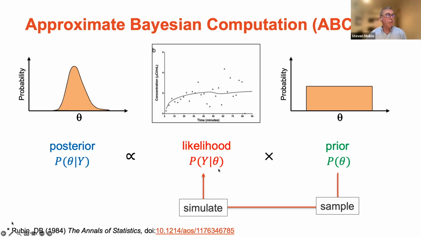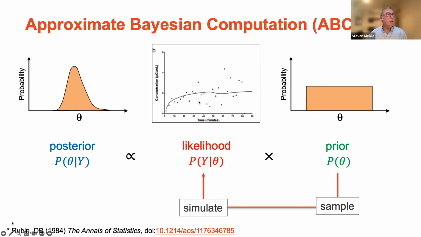You're putting your samples from the priors of the model parameters into this simulation tool. So this is something that we as kinetic modelers are very used to doing. We do it all the time. So instead of trying to calculate the likelihood function analytically, we're simulating it.